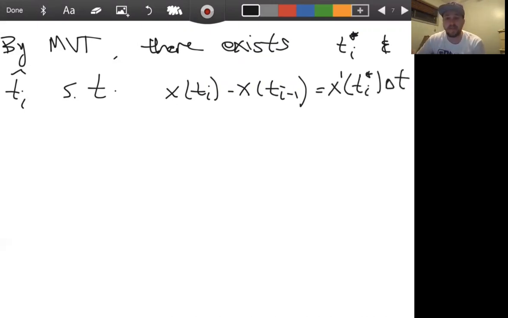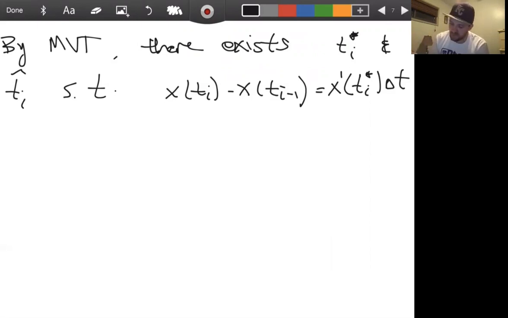This is exactly the mean value theorem. Instead of A's, B's, C's, and f's, I'm using t_i, t_{i-1}, t_i star, and x. So it looks a little more intimidating in this form, but I promise you this is just the mean value theorem.